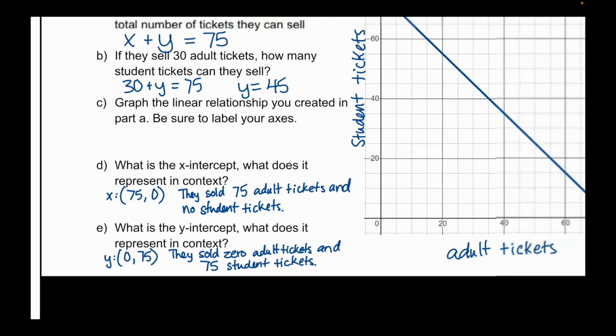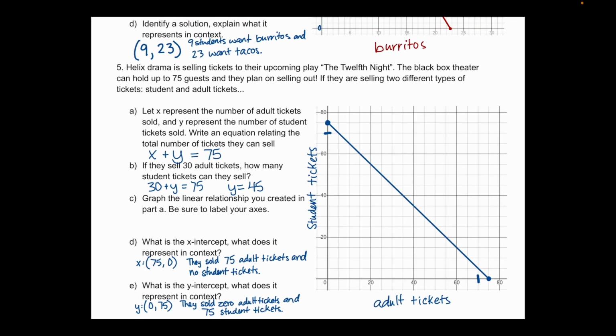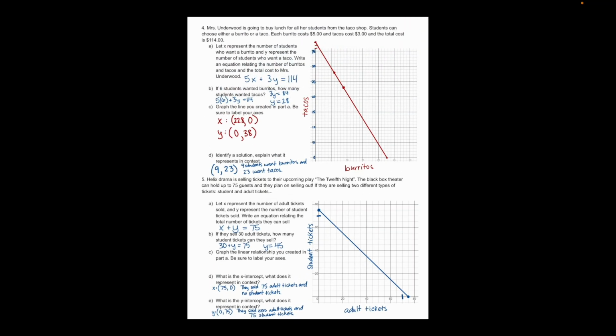So it's just the number of tickets that they sold for each. And I'm pretty sure I have everything now complete for question 5 here. So yeah, they didn't ask us to identify a solution. They just said to identify our axes and describe them. So we're good to go.